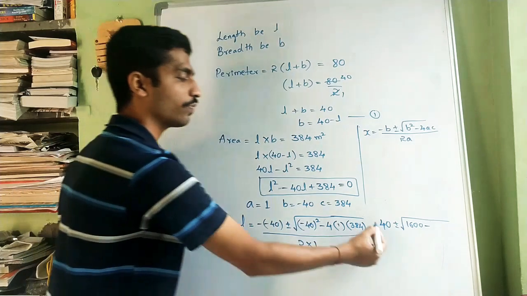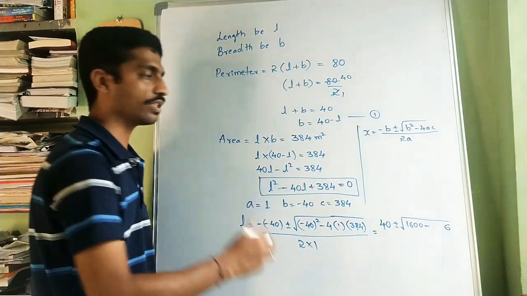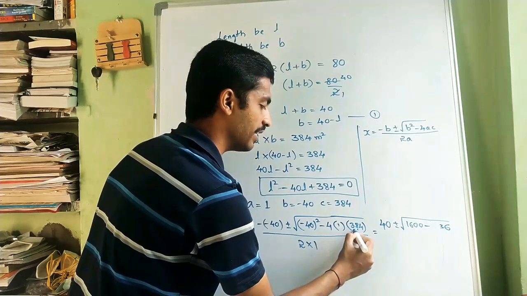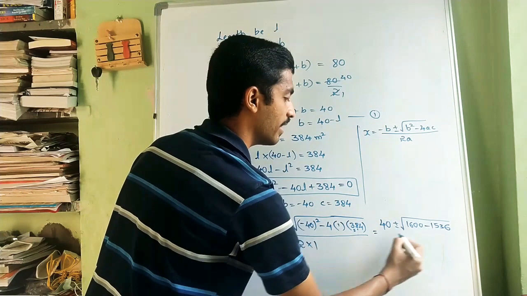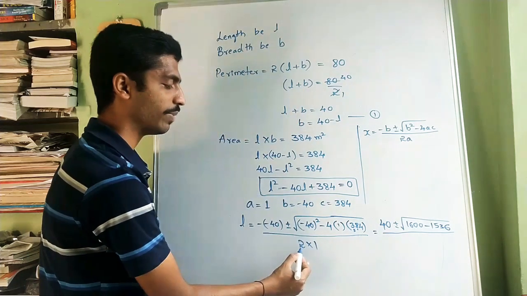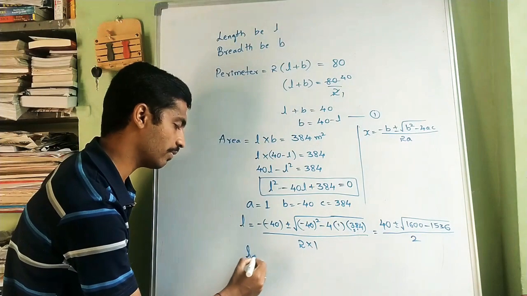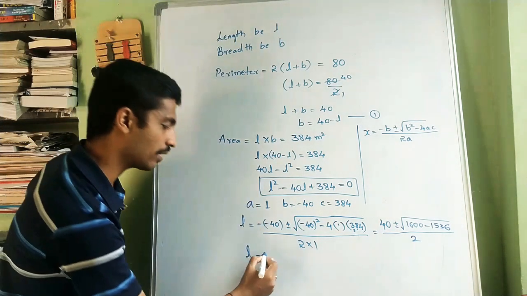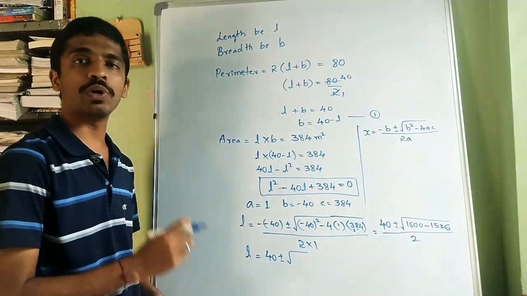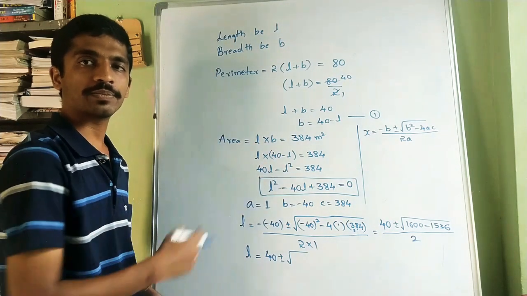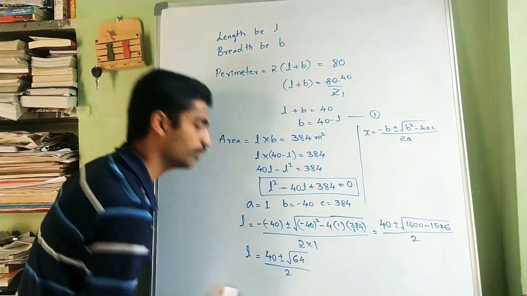How much will you get? 4 4s are 16, carry 1, 4 8s are 32, 32 plus 1 is 33, carry 3, 4 3s are 12, 12 plus 3 is 15, 1536, and divided by 2 into 1, 2. Okay, so what will you get here? L equal to 40 plus or minus root of 1600 minus 1536. If we make the subtraction, we will get here 64 divided by 2.